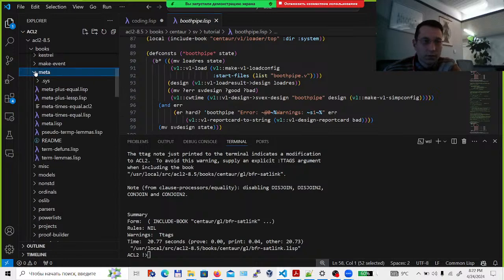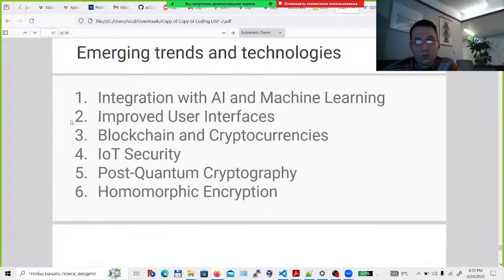All of them are quite useful for checking smart contract programs, and as I mentioned previously, there's a possibility to do some encryption and hardware design for Internet of Things security. We can also use a book in ACL2 for post-quantum cryptography. It is already implemented inside ACL2, and it is possibly able to do some homomorphic encryption algorithms, which have very large implications in our real world.